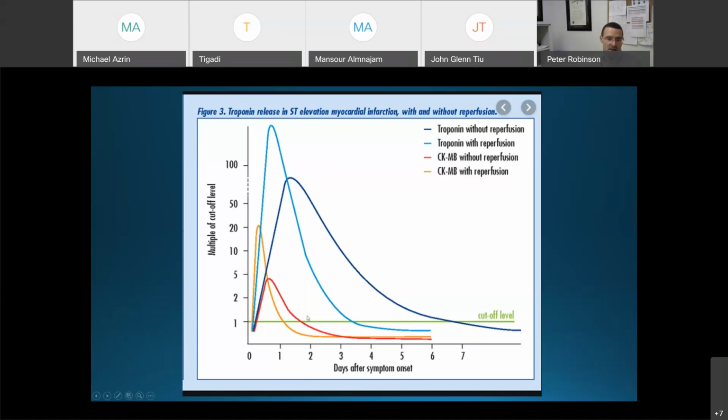And unfortunately, if you're already on the downslope, if you're not quite sure they're symptom-free, you get a troponin now and a troponin 2 hours later, and it's already coming down, you've missed the event by over 2 days. I think just that is important. Now, that can't help you know what to do immediately in the ER if somebody has ongoing symptoms, but if they don't have symptoms anymore, or they have symptoms of a mechanical complication, this can help you time the event, which can be very helpful.